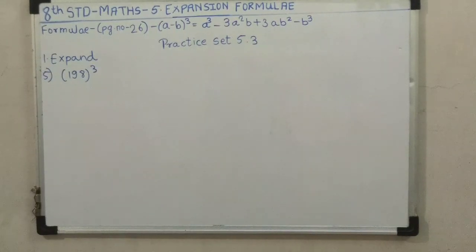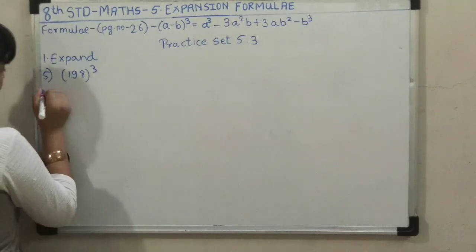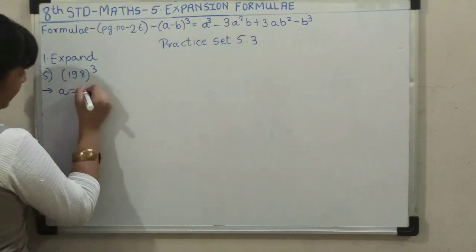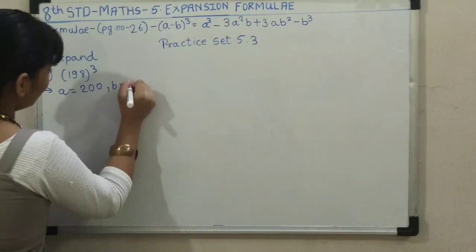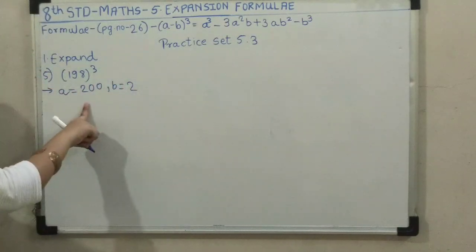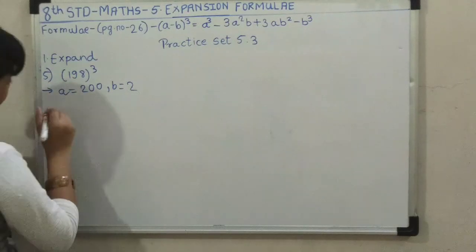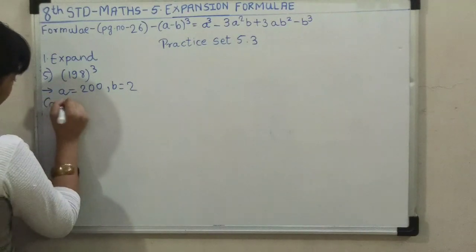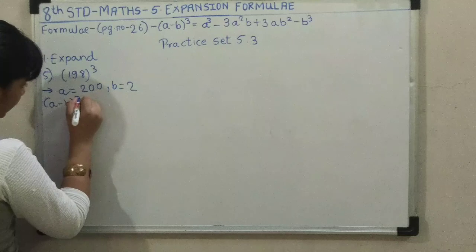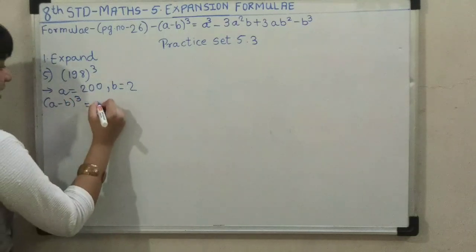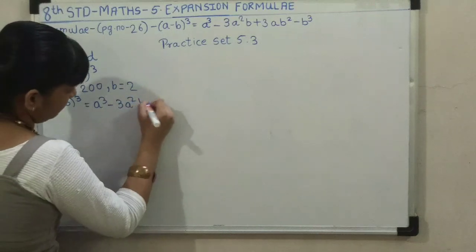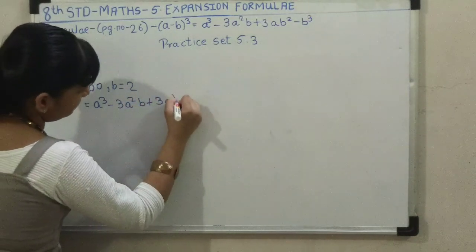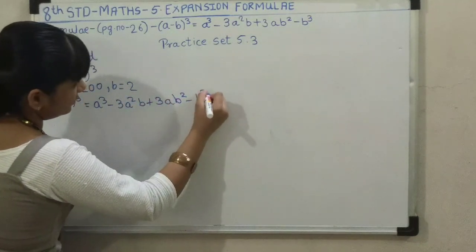Now fifth sum is 198's cube. So here also we will expand it. A will be 200 and B will be 2. So 200 minus 2 is 198, and we will write here the formula, that is (a minus b) bracket cube is equal to a cube minus 3a square b plus 3ab square minus b cube.